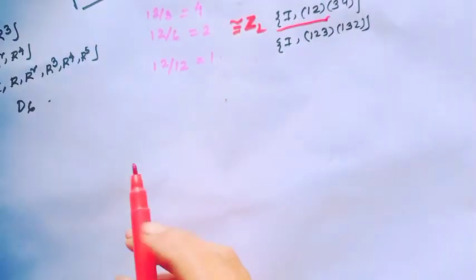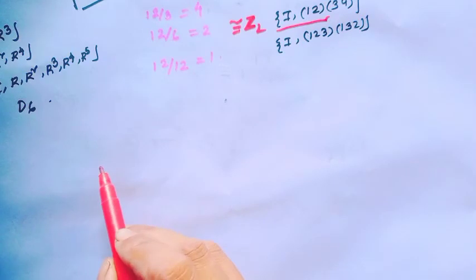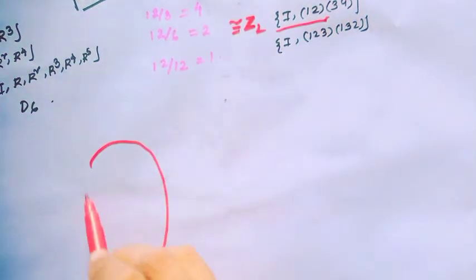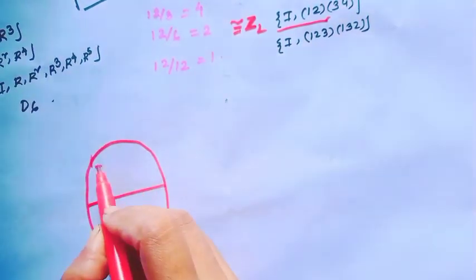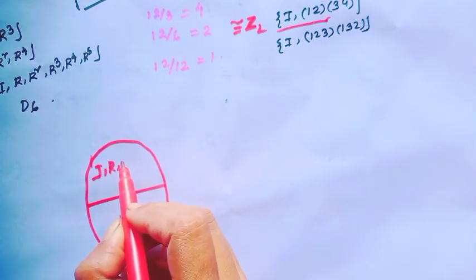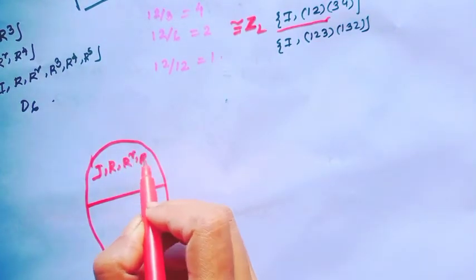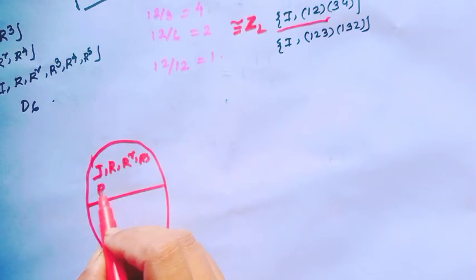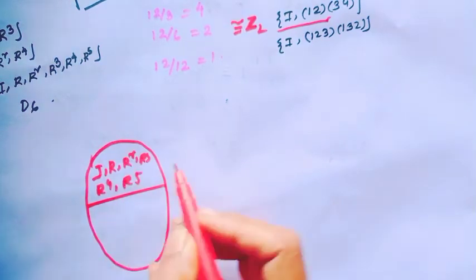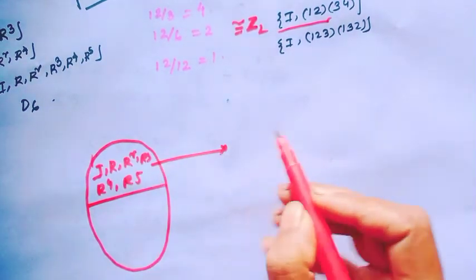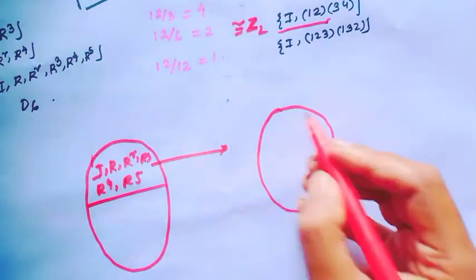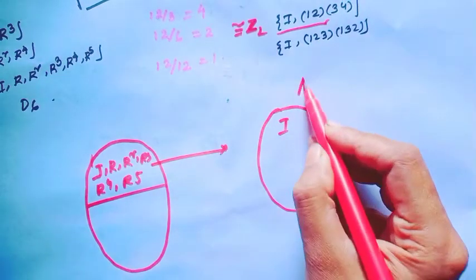And the mapping looks like this: all rotations, meaning identity, r square, r cube, r to the power 4, r to the power 5, map to identity in A4.